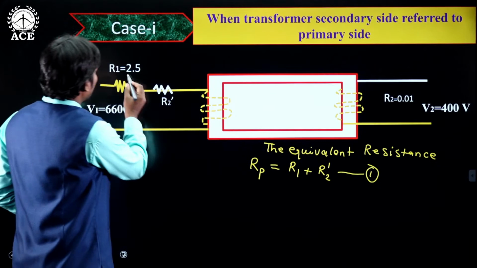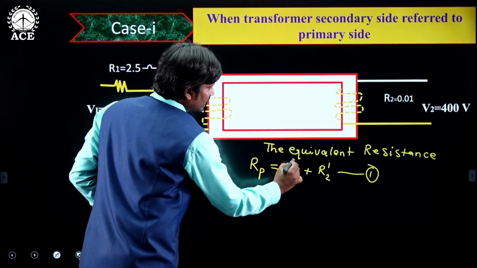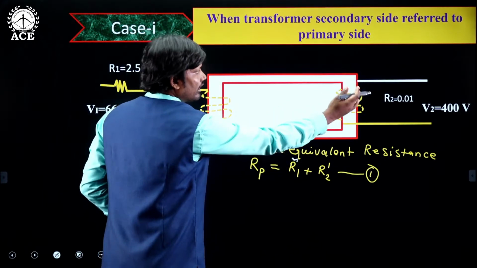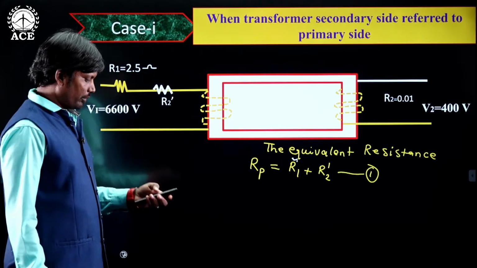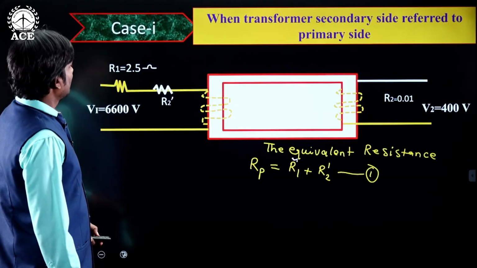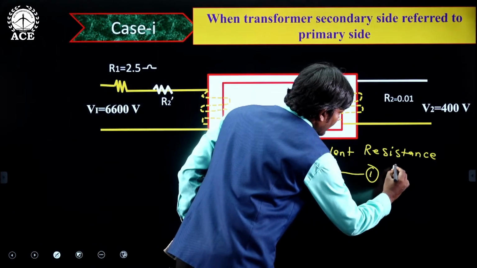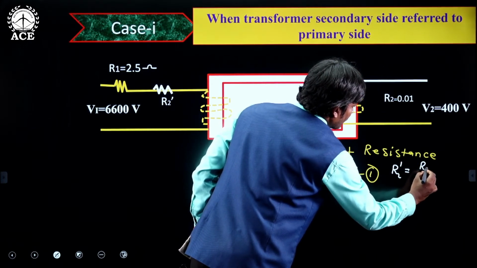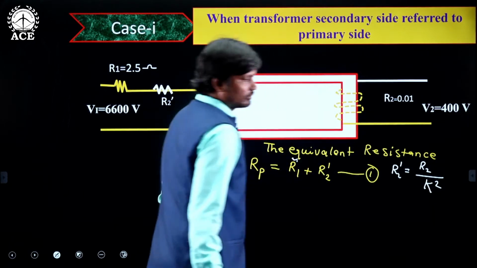R1 is given, 2.5 ohms, and R2 dash is the new value when the secondary is referred to the primary. Calculate this R2 dash. R2 dash is equal to R2 by K square.